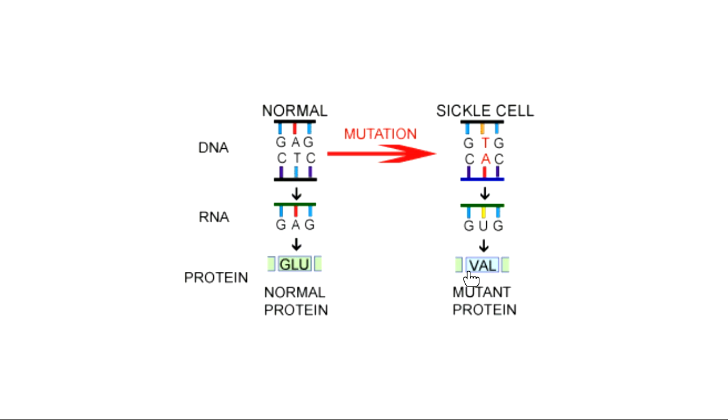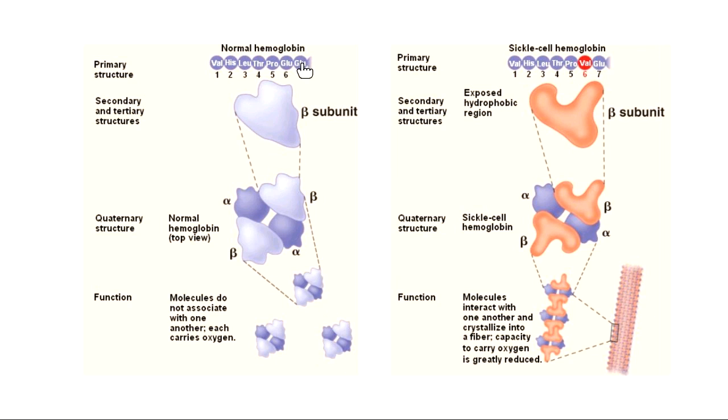So I mutate my DNA. I get an issue with the primary structure of my protein. The order of my amino acids is wrong. When the order of the amino acids is wrong, then the way that those amino acids interact with each other, the alpha helices and the beta sheets, and then the way that those things fold on themselves, all of that gets mixed up.